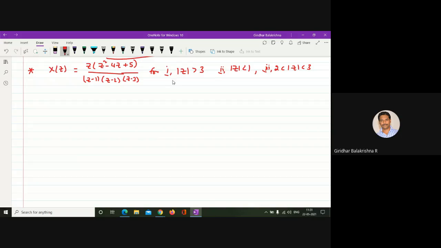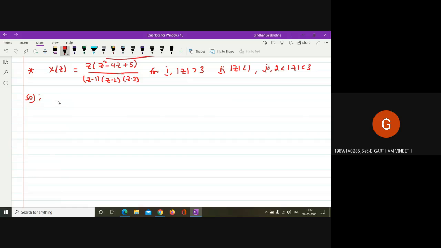Okay, so to solve for these cases, before solving, first we need to apply partial fractions. What is the first step? Am I audible? Yes, sir. What is the first step?